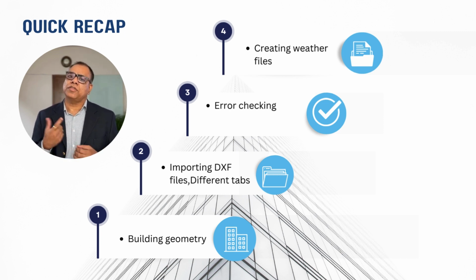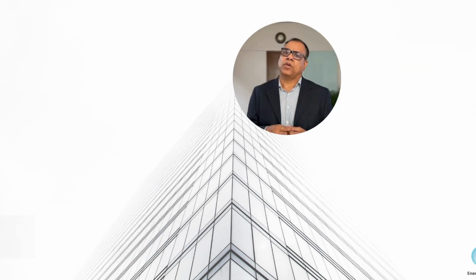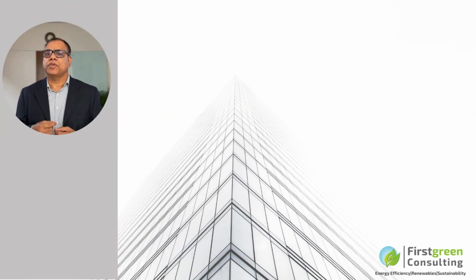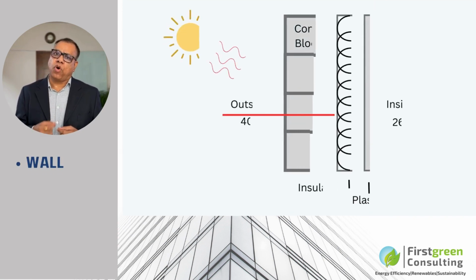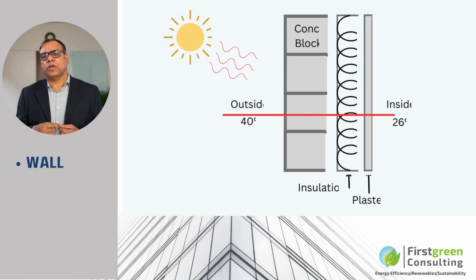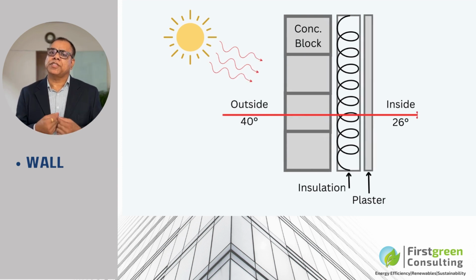Now you have the 3D model available with you. This is the time when you have to assign properties to the building. So what are those properties? The properties include that you have to add property of wall, which is covering the largest element of the building skin.